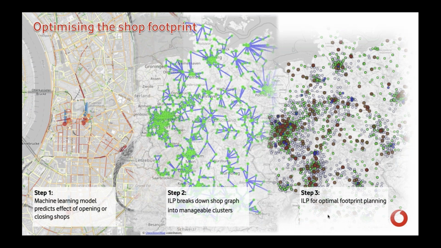So this is kind of the things you can play with in the optimization. You can close some shops, you can open other shops, and by combining those two things, find an optimal footprint under certain conditions. Now, the machine learning models do something non-linear here. So they are also good at predicting what's happening if you close two shops in an area, which is probably not linear.